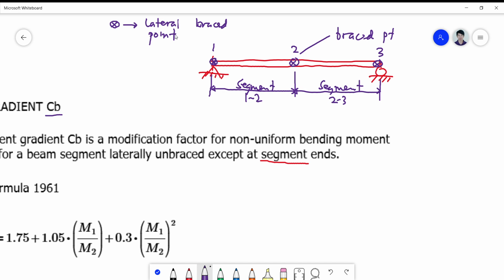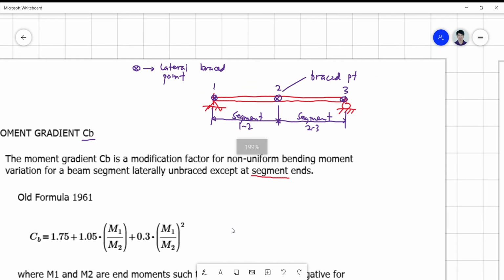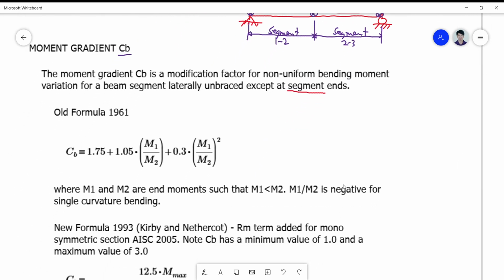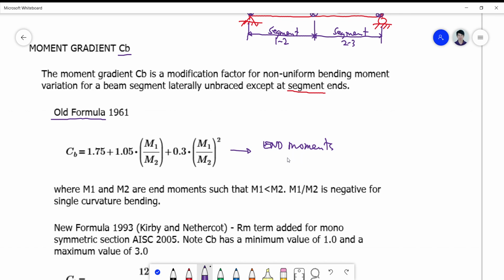In the determination of the Cb factor, we actually have two formulas. This first formula I did not include in my lecture because it is an old formula, but still very useful even today. It is based only on end moments, M1 and M2, where M1 is always the smaller value.